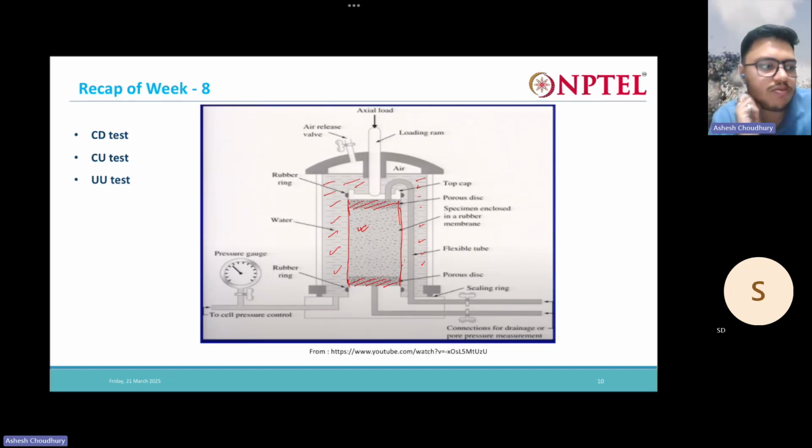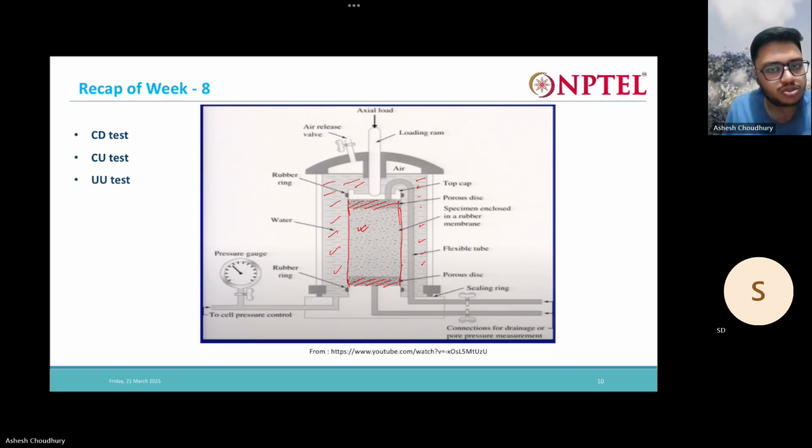That means the water from the soil cannot drain out, so you are not allowing consolidation to happen. So obviously there will be no volume change, that is, no consolidation of the sample.